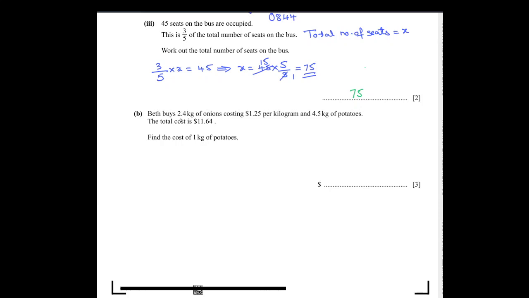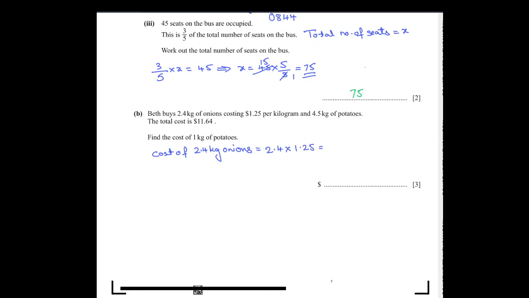So first we'll find out separately how much onion costs. Cost of 2.4 kg onions is equal to 2.4 multiplied by 1.25.